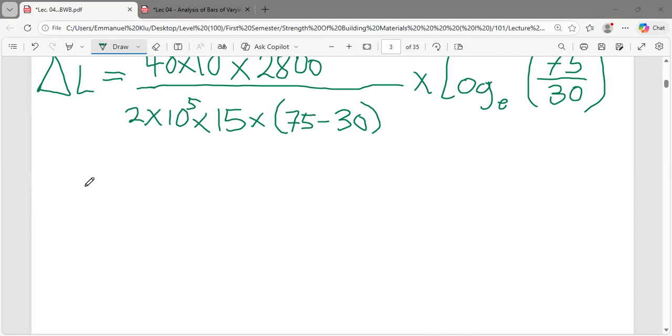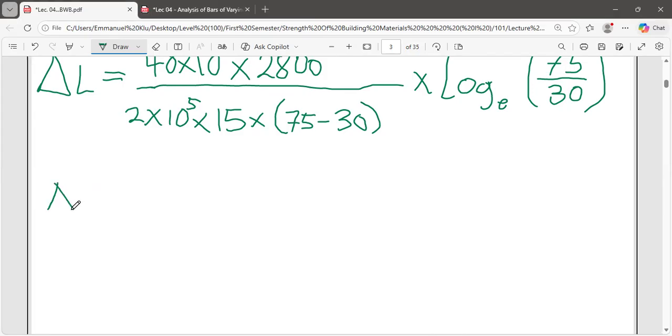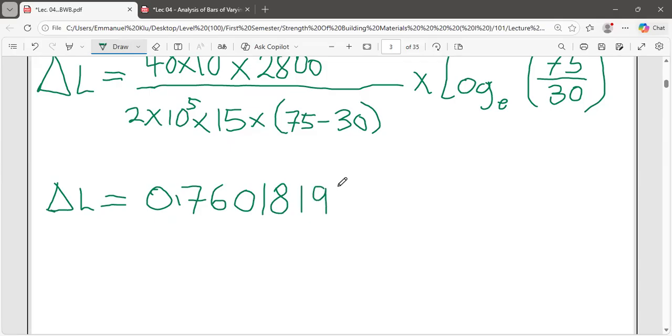So you are supposed to be getting your total change in length of the bar to be equal to 0.76018... These are the answers you are supposed to be getting. If you are not getting these answers on your calculator, then you should punch it again.